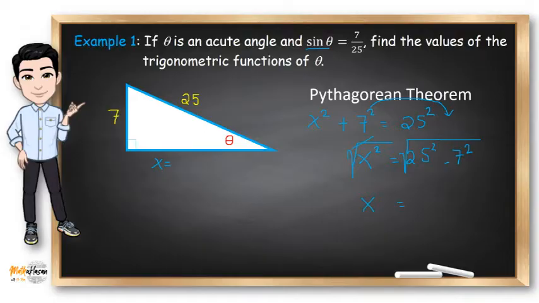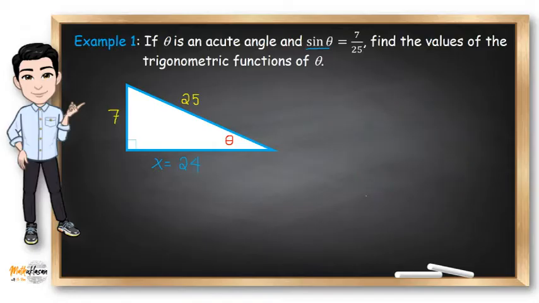And matitira na lang dito ay yung square root of 25 squared minus 7 squared. And by using your calculator, the answer is 24. So, the missing side is x equals 24. Okay, paano nakuha yung 24? Okay, just get the square root of this.